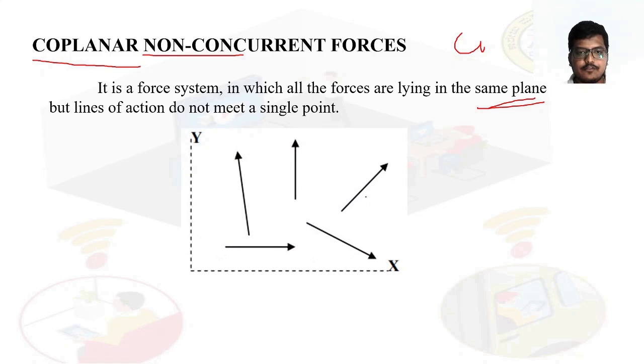See, the forces are in the same plane, the xy plane. They are in the xy plane but they are not meeting at a single point. So what example can you give?